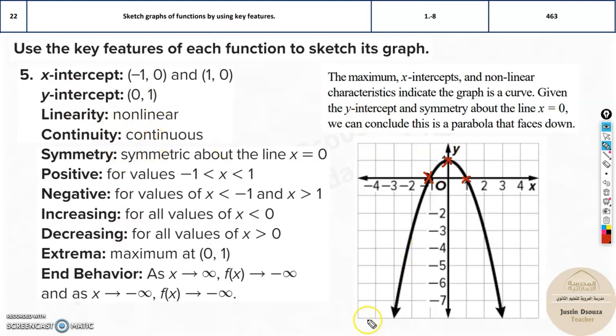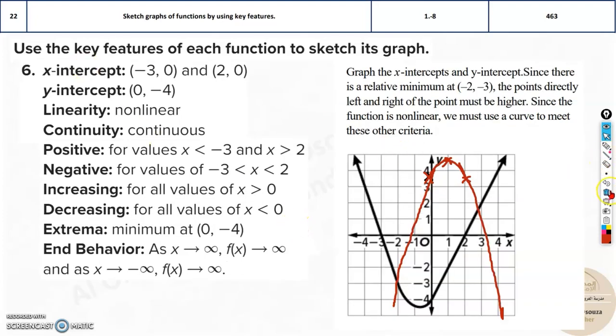Non-linear, continuous, and they have told the symmetry is along this line, x equals 0, and also the extrema, maximum point is 0, 1. With these 3 points, it's more than enough to graph. Symmetry is this line. These two will just keep on rolling like this. That is the graph. Now it's going downwards, so it'll be continued downwards, continuous.